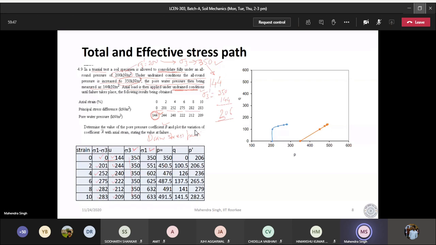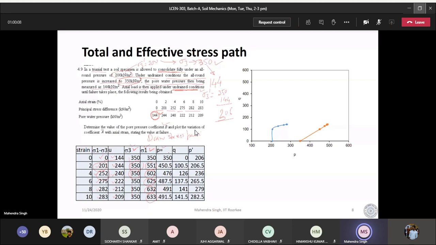From there, this is 350 plus 201, so you get sigma 1 equal to this much. 350 plus 252, so you get sigma 1 equal to this much. So you get all the sigma 1 values. So you have sigma 1 values and sigma 3 values.